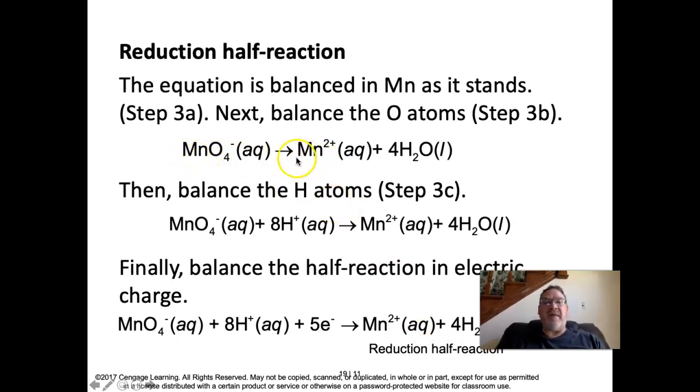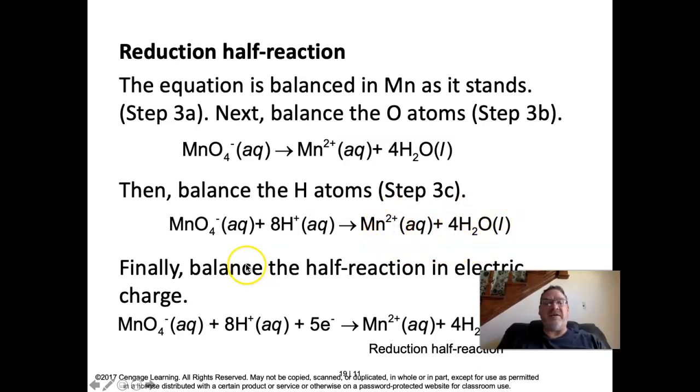So we're going to balance the manganese. They're already balanced. Now we balance the oxygens. MnO4, okay, so we've got 4 oxygens here. We're going to add 4 waters. Now we balance the hydrogens. Hey, we've got 8 hydrogens, so we put 8 hydrogen ions over here. So now we're balanced overall. Now we've got to balance the electrons. Think about our overall charge here. On my product side, water has no charge.